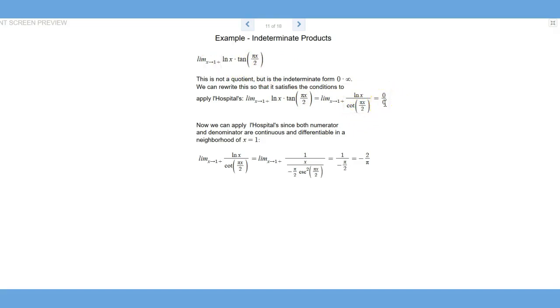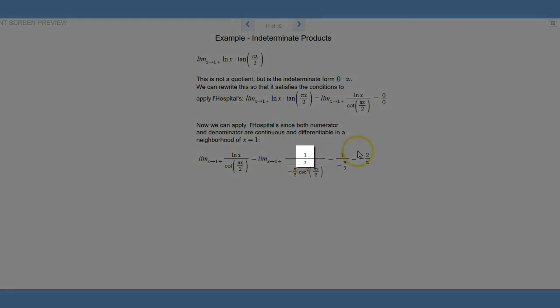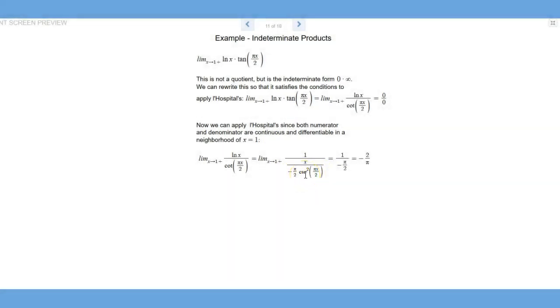So now I can use L'Hopital's, and I'm going to differentiate the numerator and differentiate the denominator and take that limit. And remember that these are each continuous and differentiable on an interval around 1. If I take the derivative of the numerator, I get 1 over x. The derivative of the denominator, I get minus pi over 2 times cosecant squared pi x over 2. And then I can evaluate that limit, and it's minus 2 over pi.